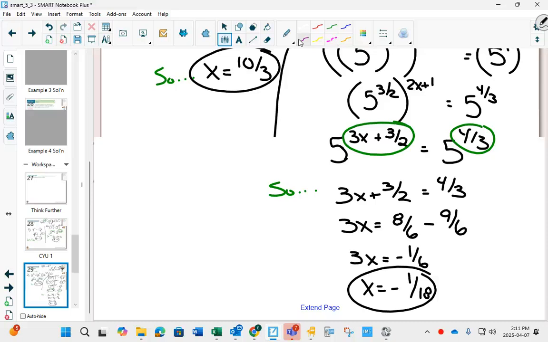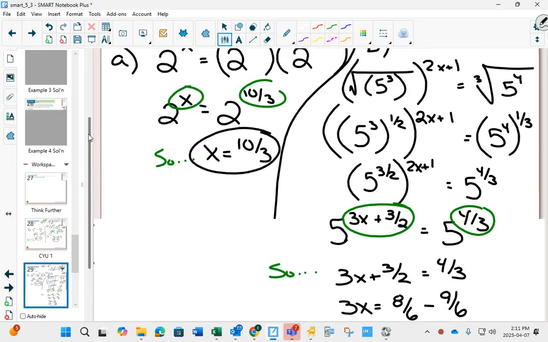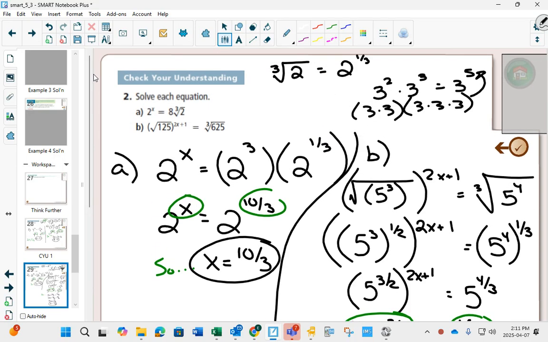So all of our exponent laws from previous years will come into effect. All of your radicals, you change radicals to fractions as exponents. Then we have powers to powers, where you multiply. You have multiplying with the same base, where you add the exponents. There's dividing with the same base, you'd subtract the exponents.